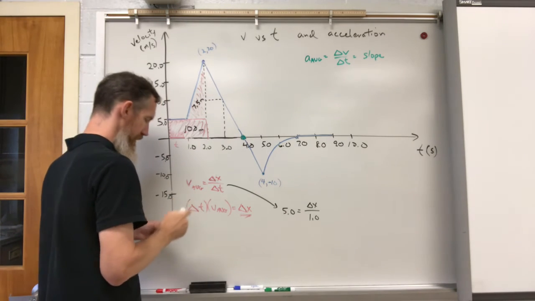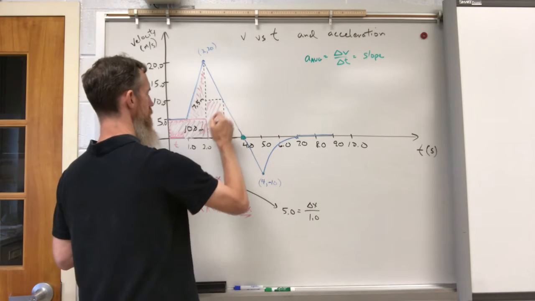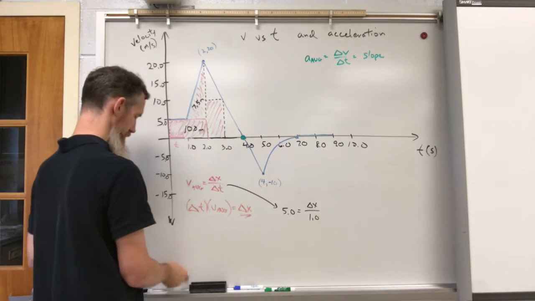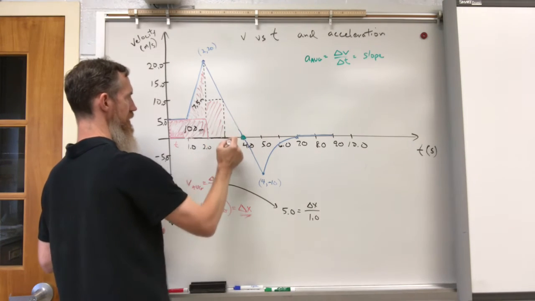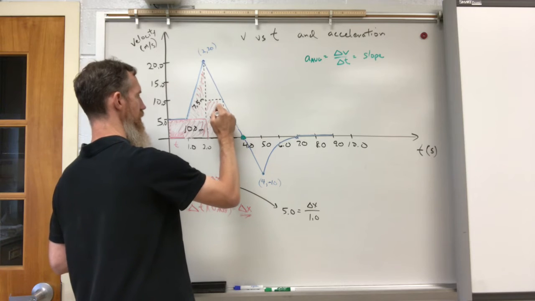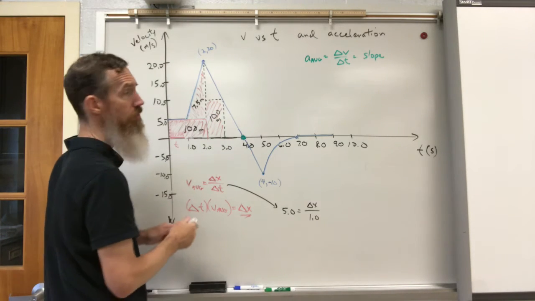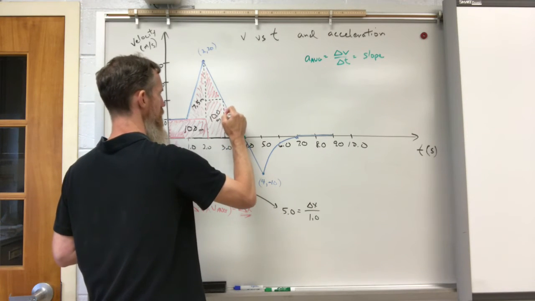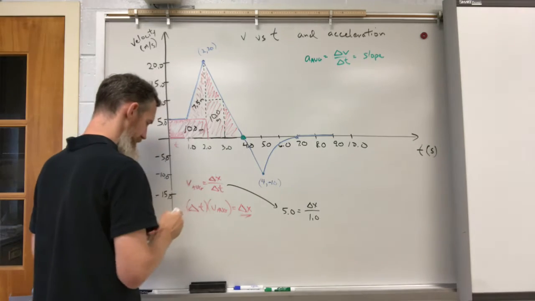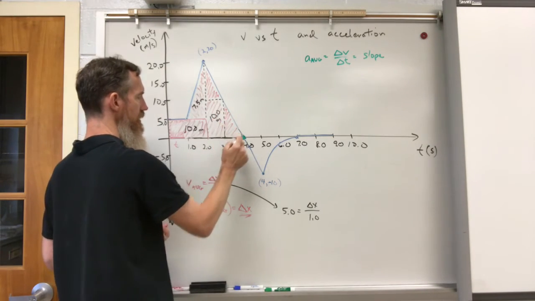This little area here, we have a rectangle 1 times 10, which is another area of 10.0. And then we have 2 triangles here, and they're both identical triangles actually. They have heights of 10 and bases of 1.